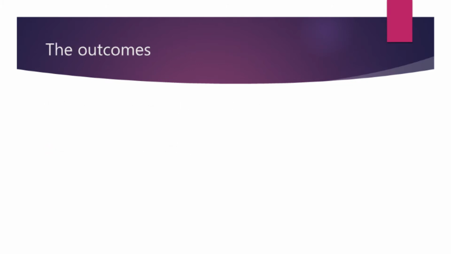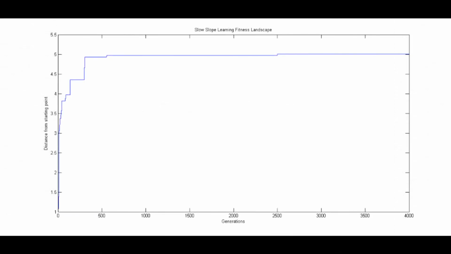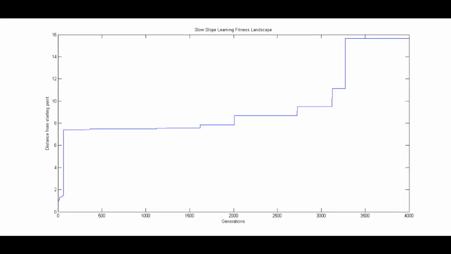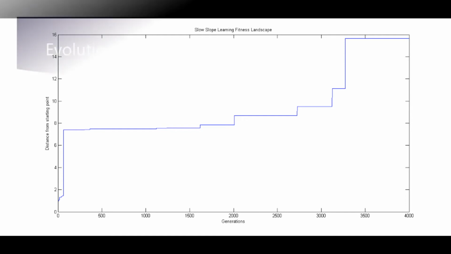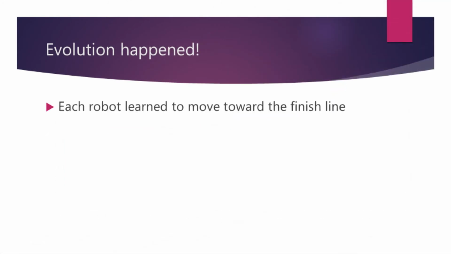Next are plots showing the average distance from the start position per generation. As you can see, each robot successfully learned to move towards the finish line.